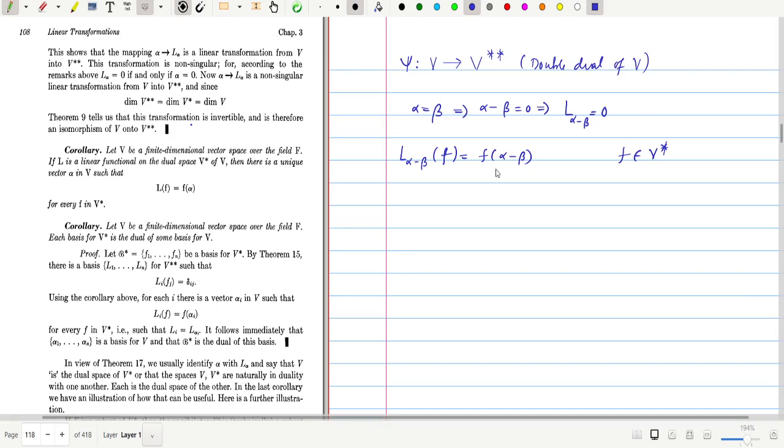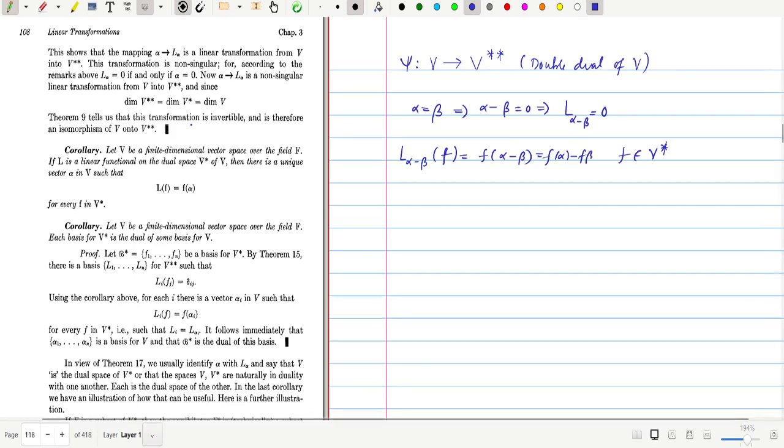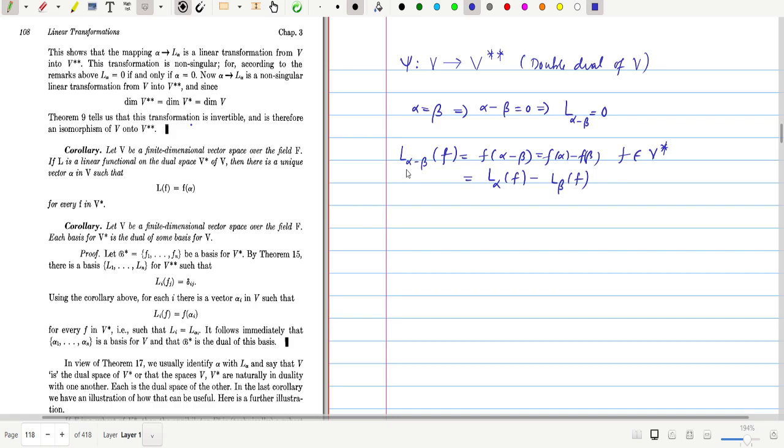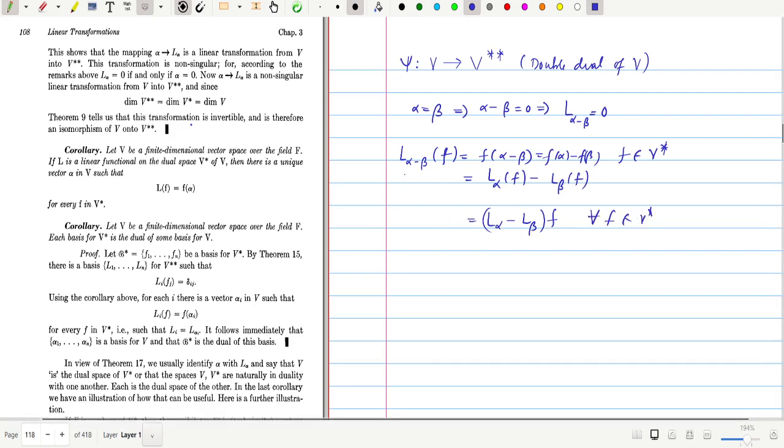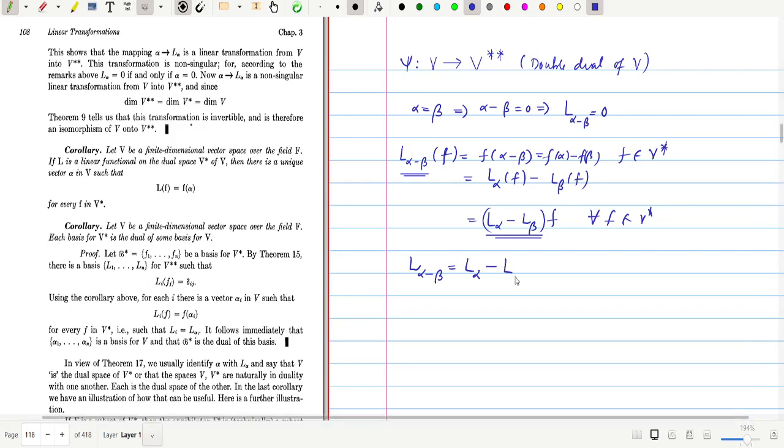So this f is a linear functional. So you write this f of alpha minus beta as f of alpha minus f of beta, and you write this f alpha minus f beta as L alpha of f minus L beta of f. So you can get, this can be written as L alpha minus L beta of f. This is true for all f belongs to V star. So this shows that this function and this function are equal. That means L of alpha minus beta equal to L alpha minus L beta.